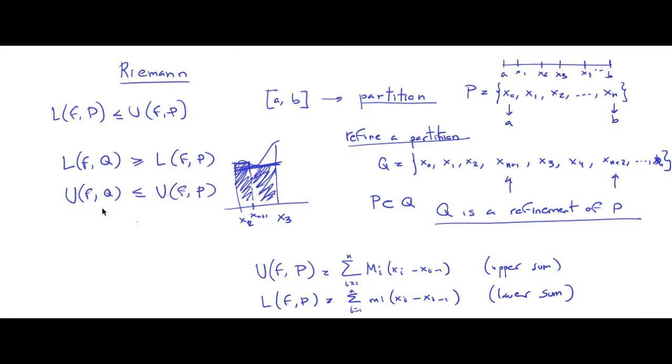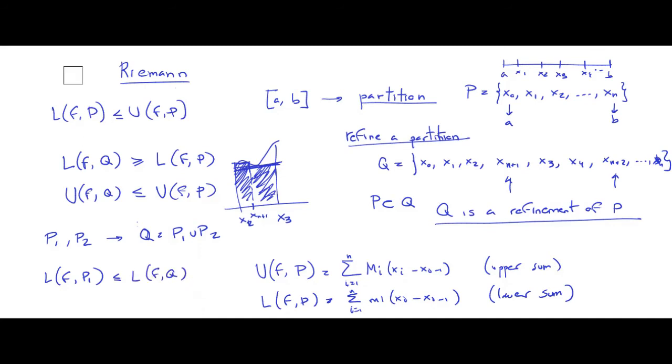suppose, and of course, if we have any two partitions, P1 and P2, then we can join them together, like say Q is the union of P1 and P2, and now Q is a refinement of both. So we have that the lower sum of P1 is going to be smaller than the lower sum of Q, right?